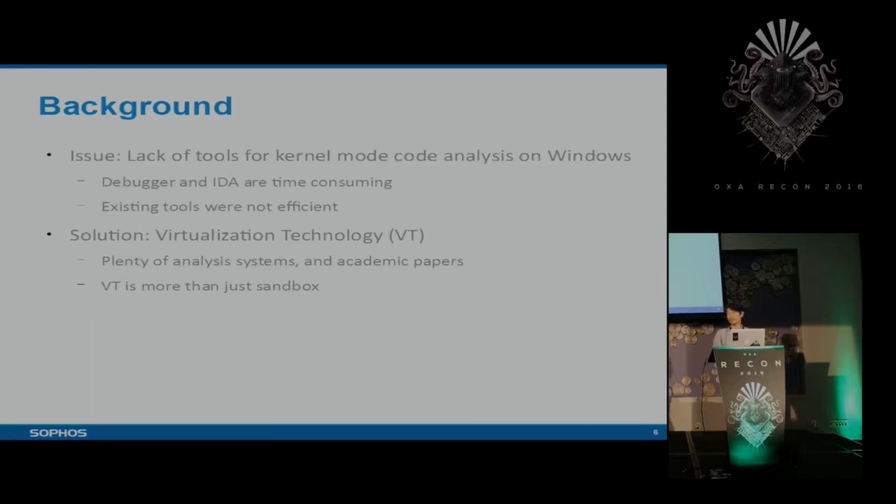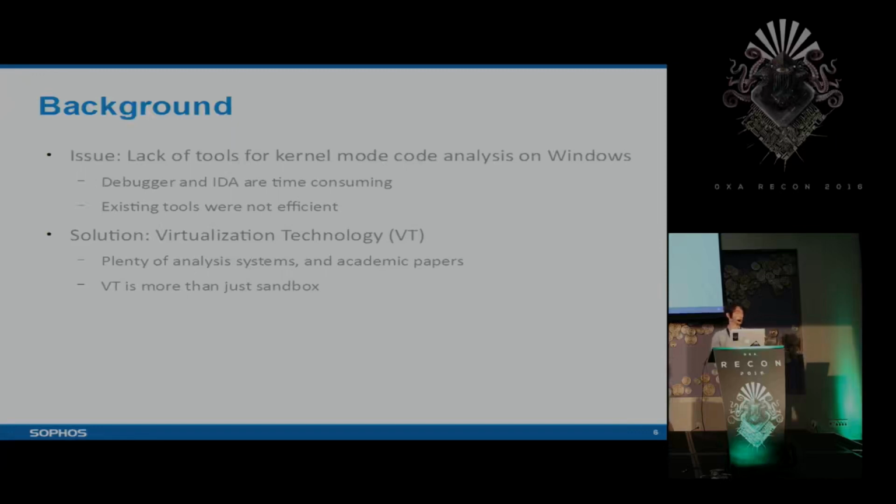But actually, a lack of tools wasn't a real issue because we kind of knew a solution to it. The solution was virtualization technology. There are plenty of academic papers and analysis systems using virtualization technology. And we also knew that virtualization technology is more than just providing a sandbox environment.